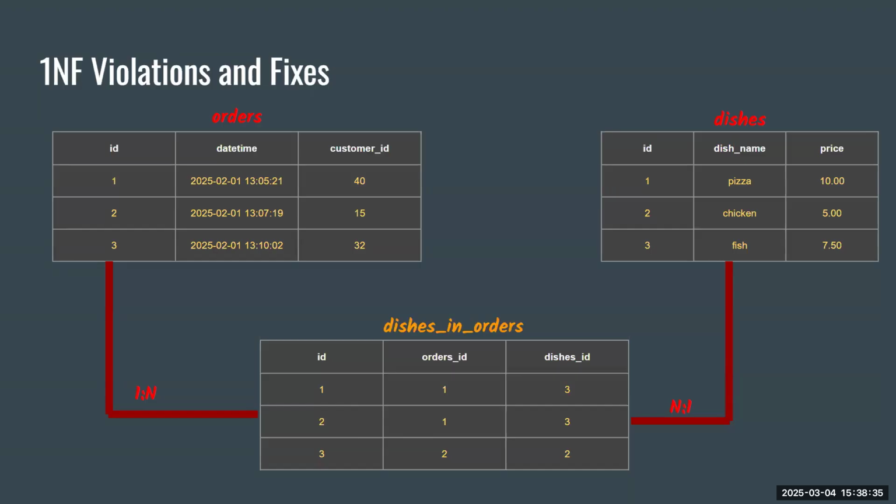While we're at it, and this is not anything to do with first normal form, it has to do with good database design. I like to name my join tables more descriptively. So instead of orders dishes, which just states the two tables that the join table is connecting, I like to name it dishes and orders.